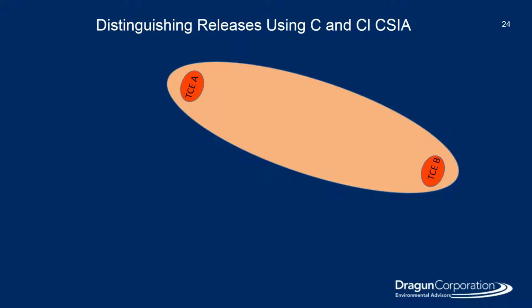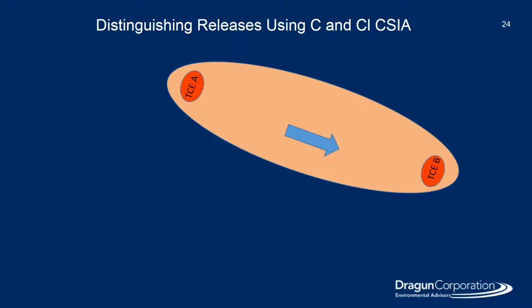So as I mentioned, we had the up gradient hotspot, which we call TCE-A, and the down gradient hotspot, which we call TCE-B. This is the groundwater flow from TCE-A to TCE-B. And there was evidence of biodegradation in the groundwater at this site.